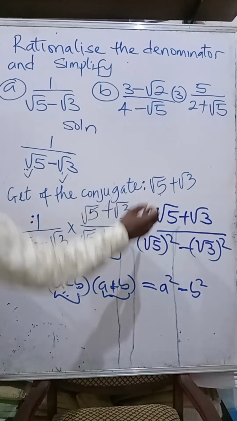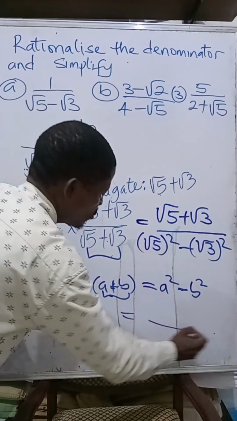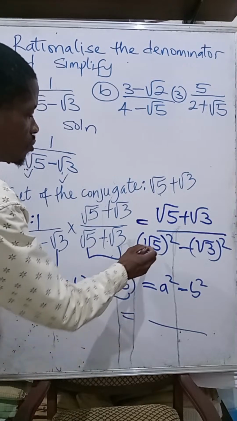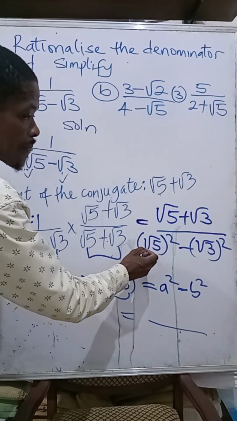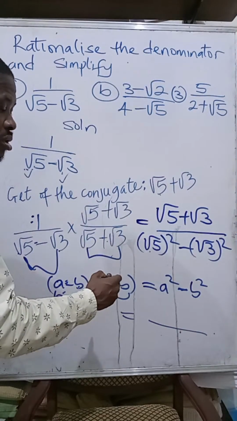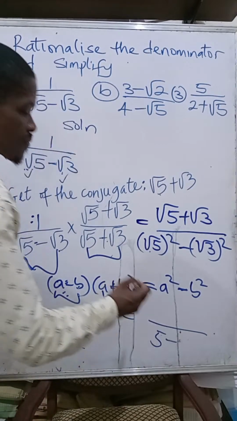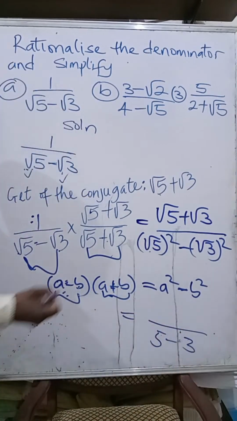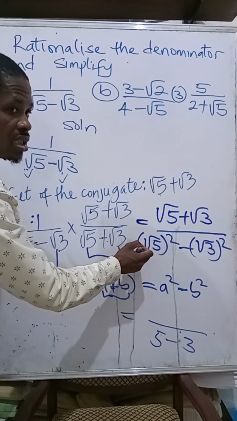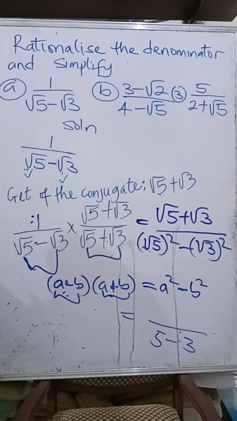So for this one, for the denominator, we're going to have root 5 squared. When you square a root, it gives you the contents of that root, minus 3. When you square the root of a number, it gives you the content of that root.